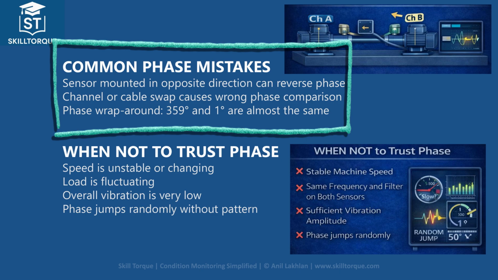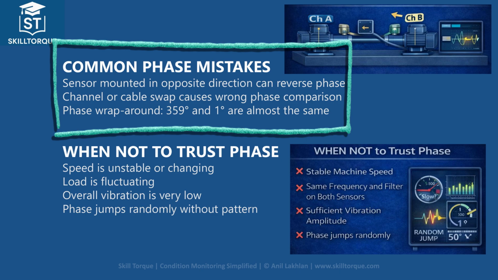One sensor is mounted on the drive-end bearing and another on the non-drive-end bearing, and by mistake you have swapped them, so instead of sensor A you put it in the sensor B slot, and sensor B in the sensor A slot. It is known as cable swapped. Sometimes there can be a mistake in this, and also sometimes a sensor is mounted in the opposite direction. Let's say one sensor you have mounted in the horizontal towards the north, and another one towards the south.